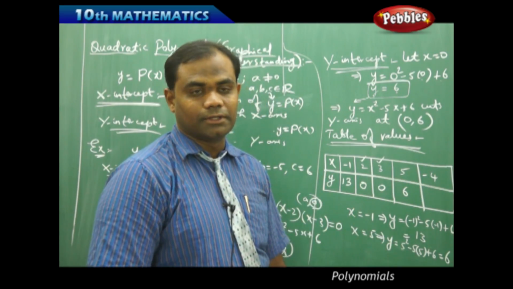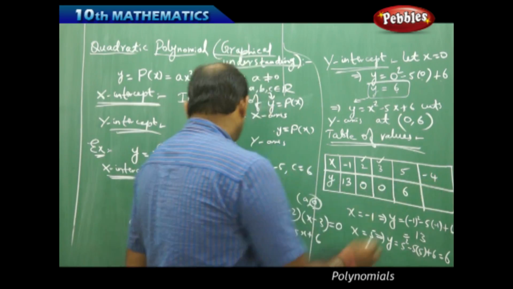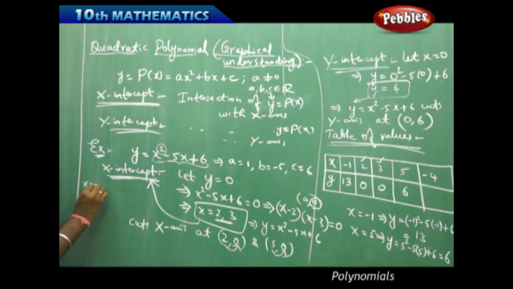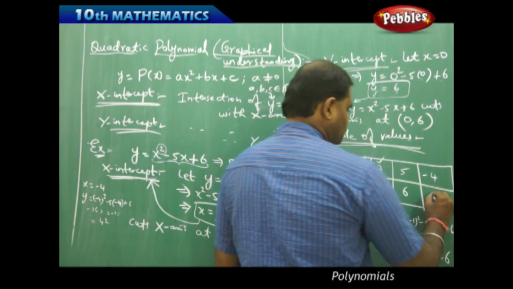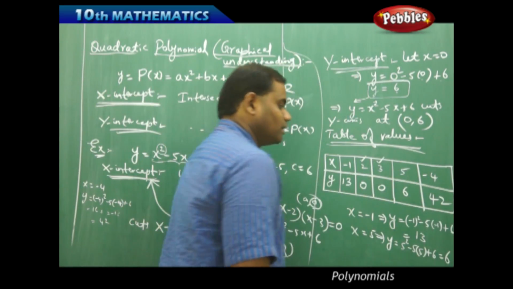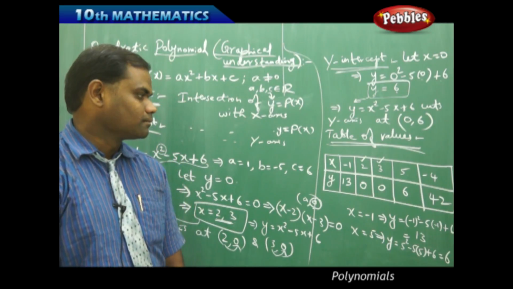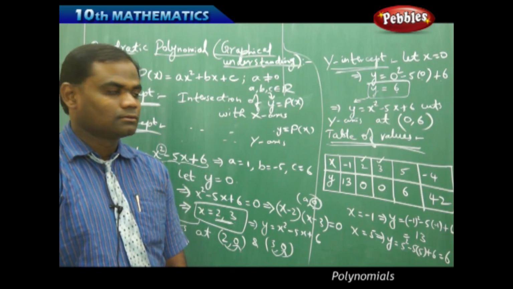Similarly, when x is -4, y equals x squared minus 5x plus 6, which on simplification gives 16 plus 20 plus 6, which is 42. So my y is too huge, 42, on the left.